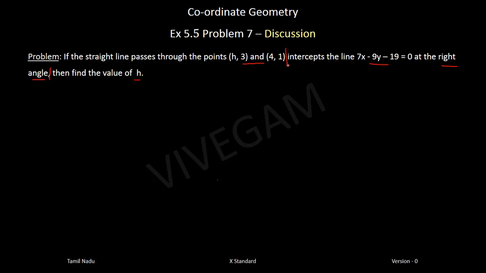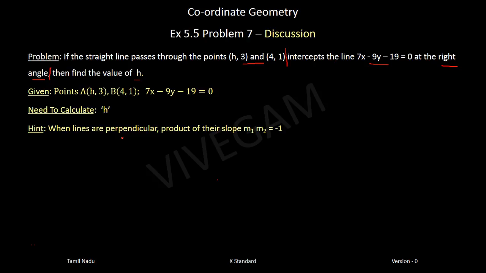Now let's see what's given in the problem. Two points are given and the equation is given, and it's missed out that we should write that the lines are perpendicular. Please write it yourself. Then we are asked to calculate h. A hint: when the lines are perpendicular, the product of their slopes m1 m2 equals minus 1. This is the principle on which we will be working.